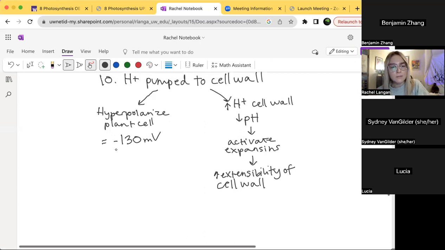Well, one thing that does is it activates hyperpolarization-activated potassium channels.